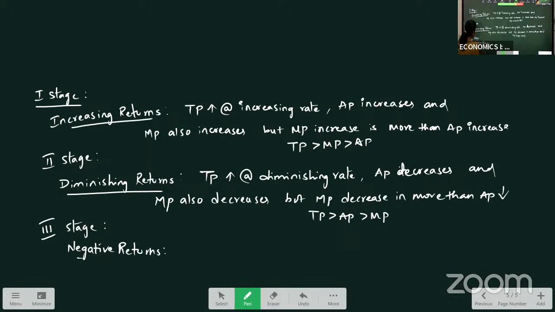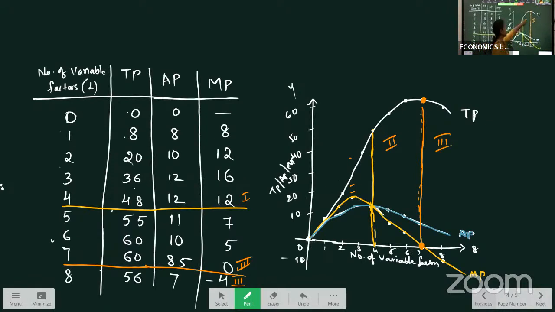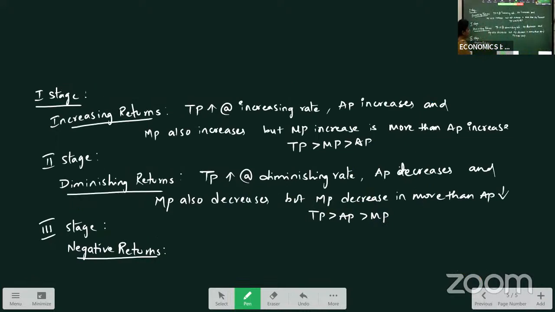The third stage is called negative returns because you observe in the graph that TP is decreasing, AP is decreasing, MP is becoming negative. This means the additional output we are producing by extra labor is decreasing. So when my extra output is decreasing, why would I continue my production? So the third stage is called negative returns.